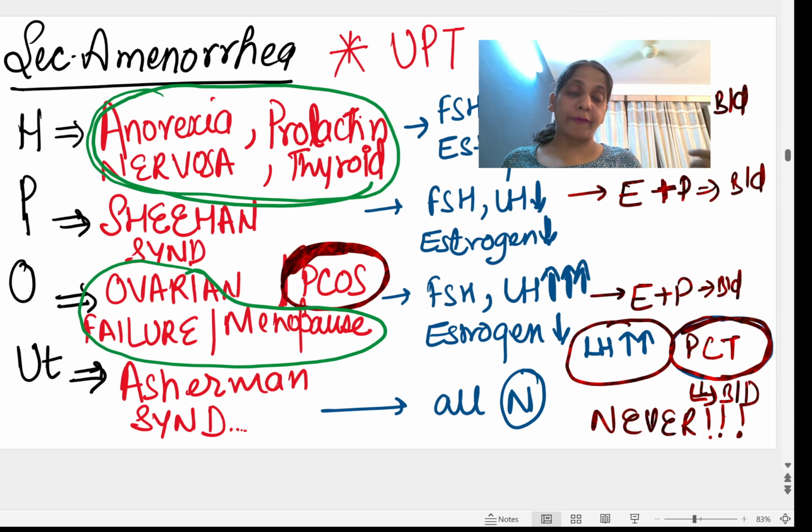So first of all, you all know human papilloma virus causes CA cervix. There are two types of human papilloma virus: high risk type and low risk type. High risk type contains HPV 16 and 18, and they cause CA cervix.